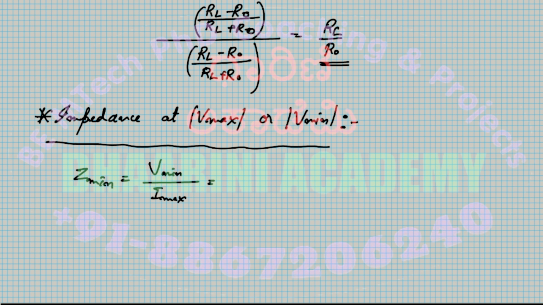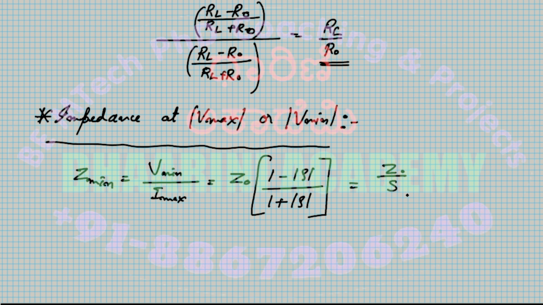Now I can write it as Z naught into, the minimum value will happen whenever the voltage is 1 minus magnitude of rho, divided by the maximum, which happens whenever it is 1 plus rho, correct? So what is this term inside the bracket? It is 1 by S. So this is Z naught divided by S. You know the Z naught value, divide by the standing wave ratio, and you get the minimum value.